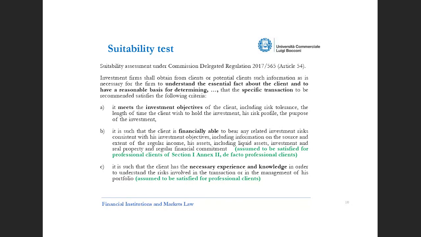You see on this slide there are some words in green, and these are there in order to clarify how these criteria are applied to professional clients. And this is an example of the modulation of the conduct of business rules that you find in MiFID when you differentiate retail clients to professional clients.